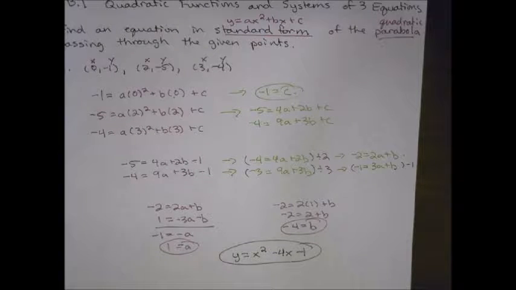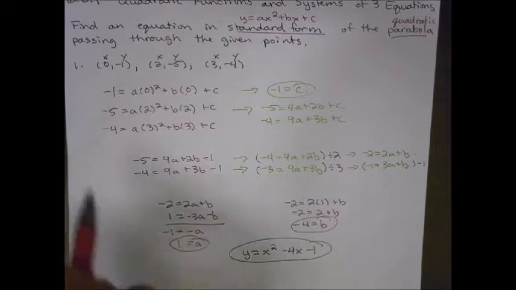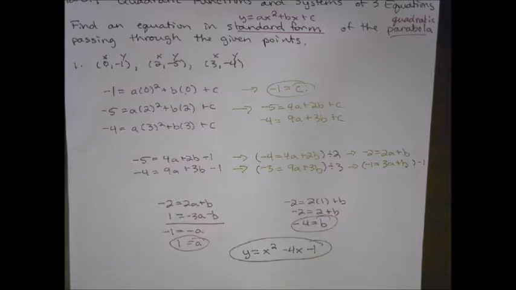Before we go on, I do want us to make some notes to ourselves about how we did this. So our first step was to plug in our points into the standard form equation.